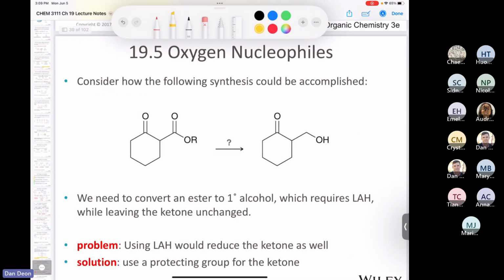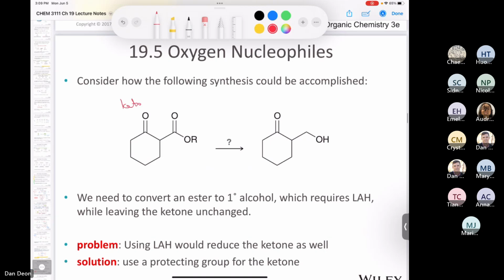So it says, consider how the following synthesis could be accomplished. Here we have a ketone in our molecule, and then we also have an ester. Now somebody reduced just the ester to make a primary alcohol, and they left the ketone intact. Well, how would we do this? Is there a way we could protect just the ketone?